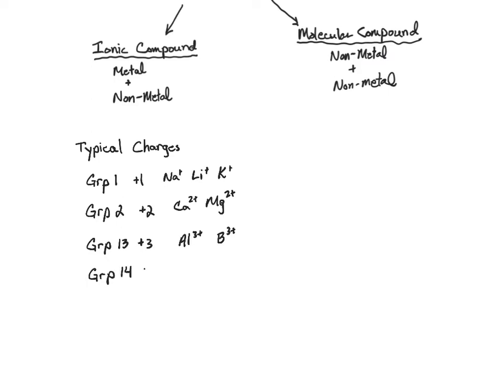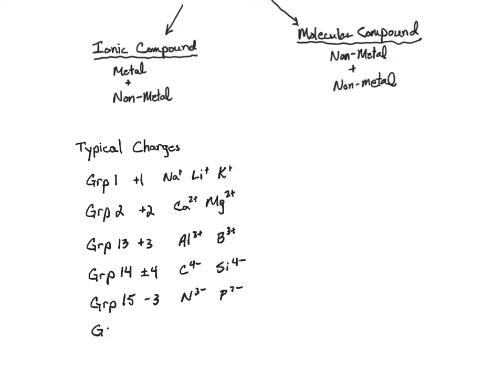Okay, group 14 is a little bit complicated because it's situated in a way that it could take a +4 or -4 charge, but we see this in things like carbon, okay, or silicon. Group 15 is going to be a -3 charge, so things like nitrogen or phosphorus.